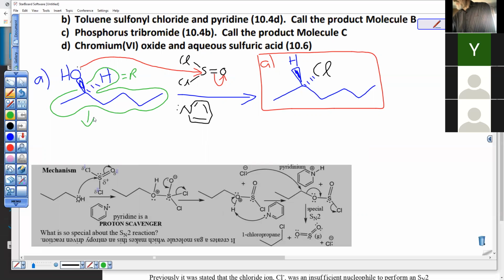And let's draw it down here where we have R bonded to O, bonded to H with a plus charge, and the sulfur with an O minus on top, and 2 Cls.